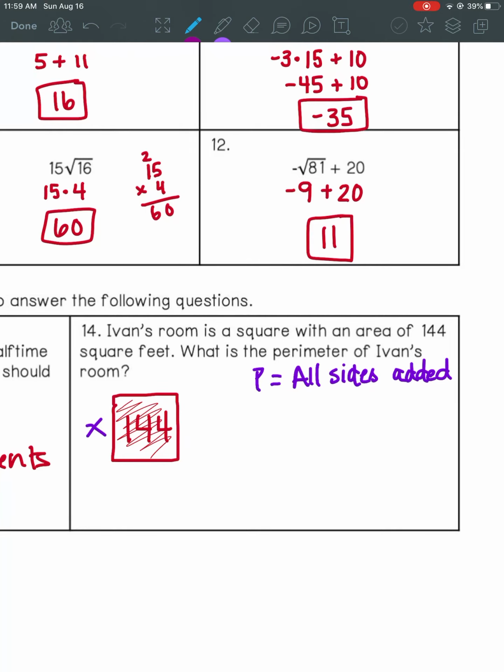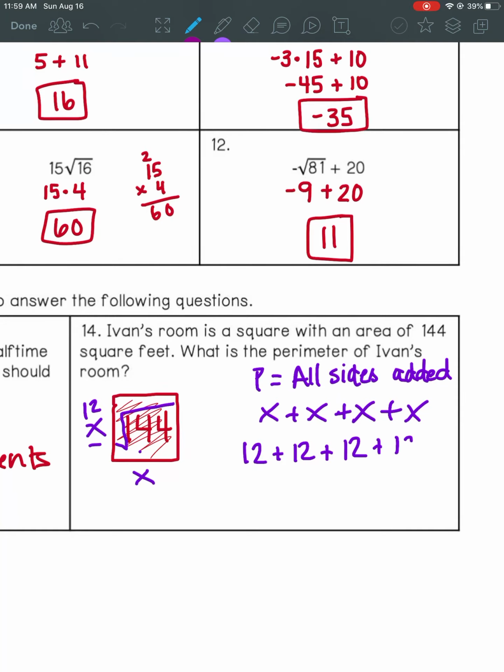Well, if it's a square and we know the area is 144, well, we're trying to figure out what times what gives us that 144. Again, that's our square root. So the square root of 144 is 12. So we know this side length is 12. So if all of them are 12, we'd want to do 12 plus 12 plus 12 plus 12.